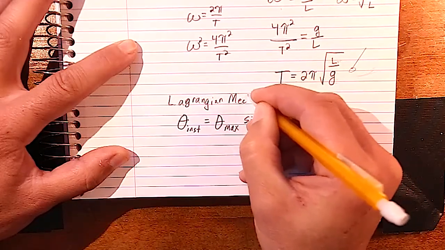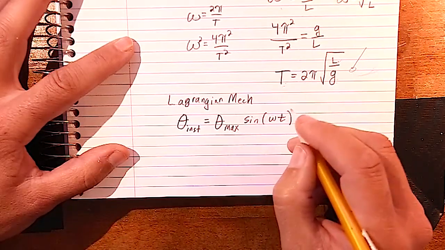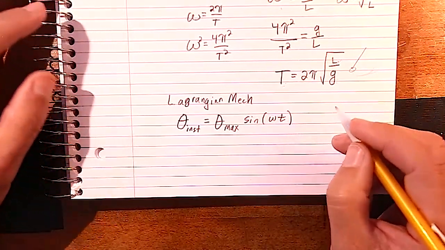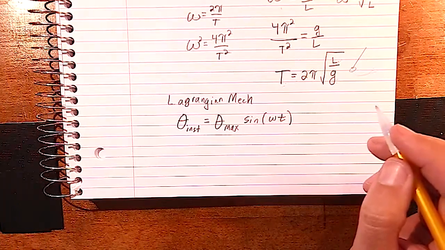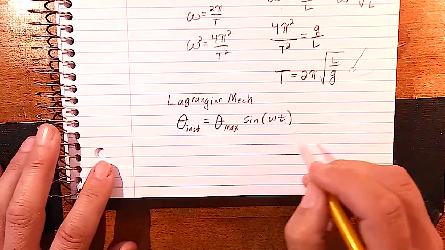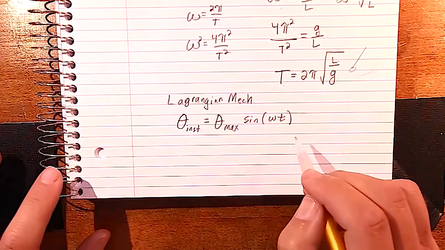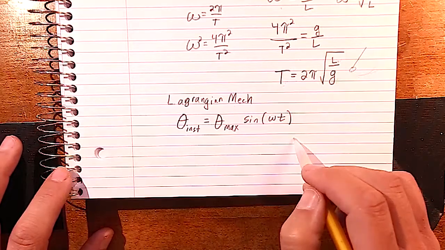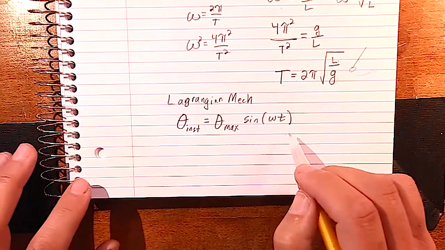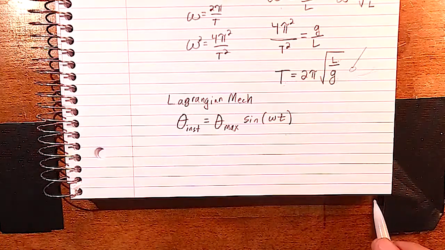I don't know why they put this on the AP exam, because this involves partial differentials. So this would be something that you would probably be doing at the end of Calc 2 or maybe in Calc 3. So I really feel that this is outside the scope of the class. However, I'm going to put a link in the description so that you can see how to do this if you're interested. Otherwise, I wouldn't worry about it.